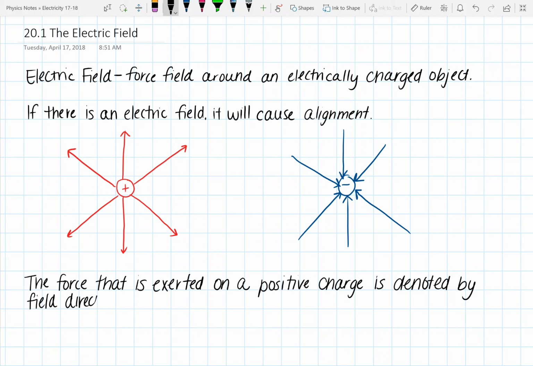So, for instance, if I put a positive charge here, it's going to move away. If I put a positive charge here, it's going to move inward.